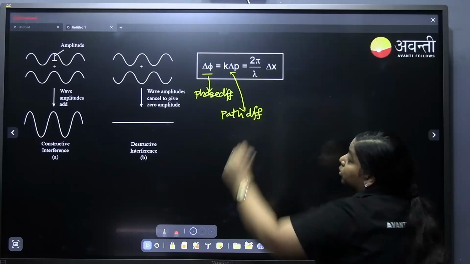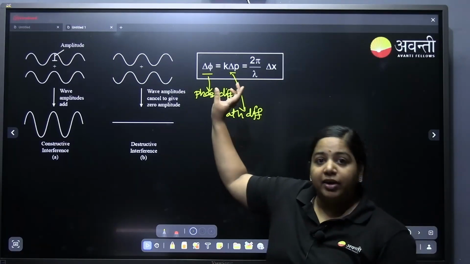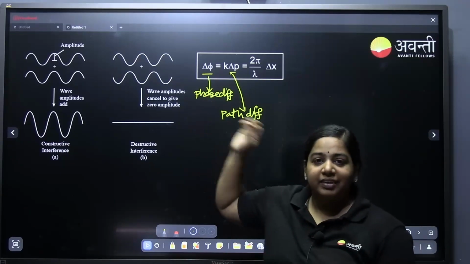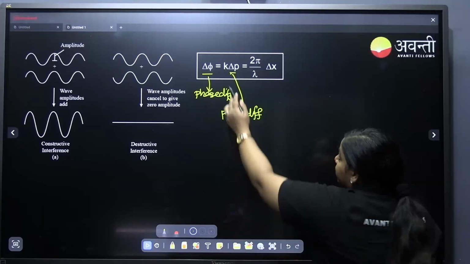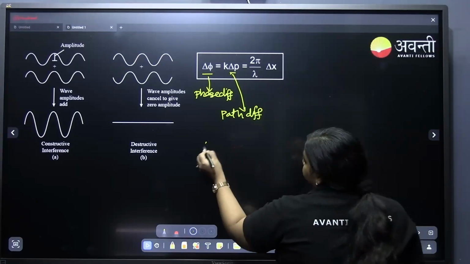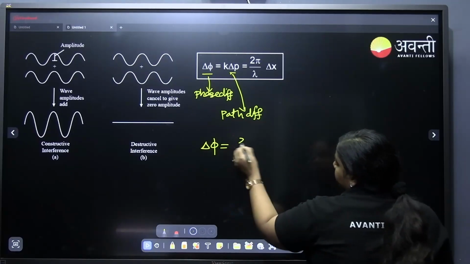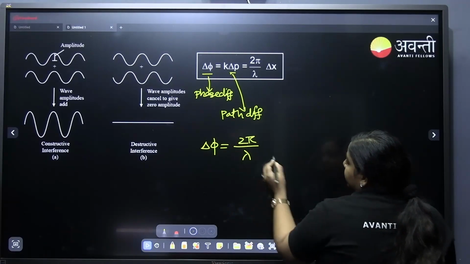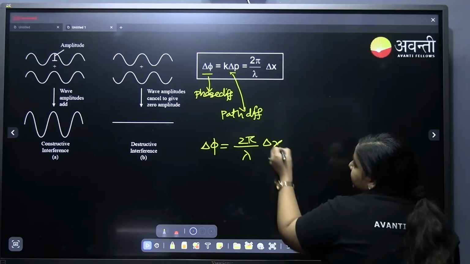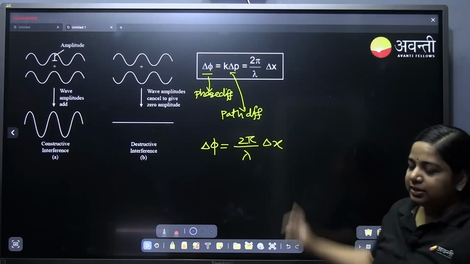Both are related to each other. K we already defined before, that is the wave number. So k equal to 2 pi by lambda. So phase difference equal to 2 pi by lambda into path difference. This is the formula.